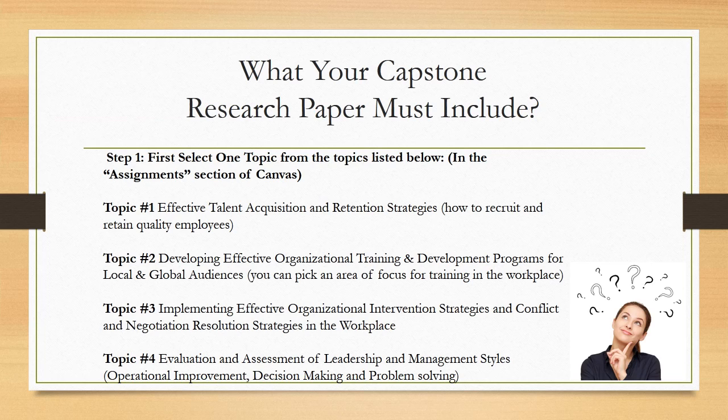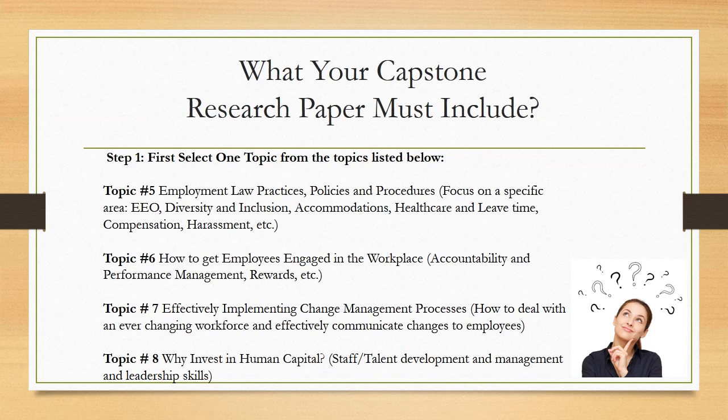Or you can choose topic 5, which is employment law practices and policies and procedures. And so if you choose the topic number 5, you'll discuss specifically focusing on a concentration area where you could either select equal employment opportunities, diversity and inclusion in the workplace, workplace accommodations, healthcare, leave time and compensation, also harassment policies and procedures in the workplace, so you have a little bit of flexibility.